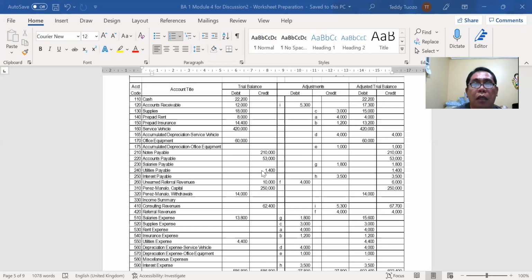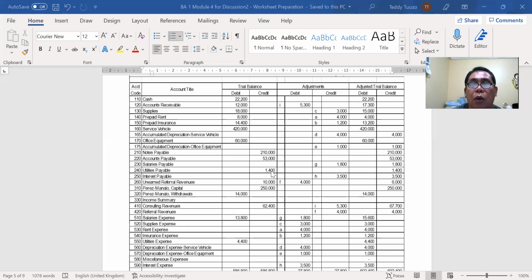Notes payable, the same. So copy, credit. Accounts payable, credit to credit also under the adjusted trial balance. Salaries payable, initial recognition when we prepared the accrued salaries for the period. So 1,800, credit, so ibutang nato sa credit.